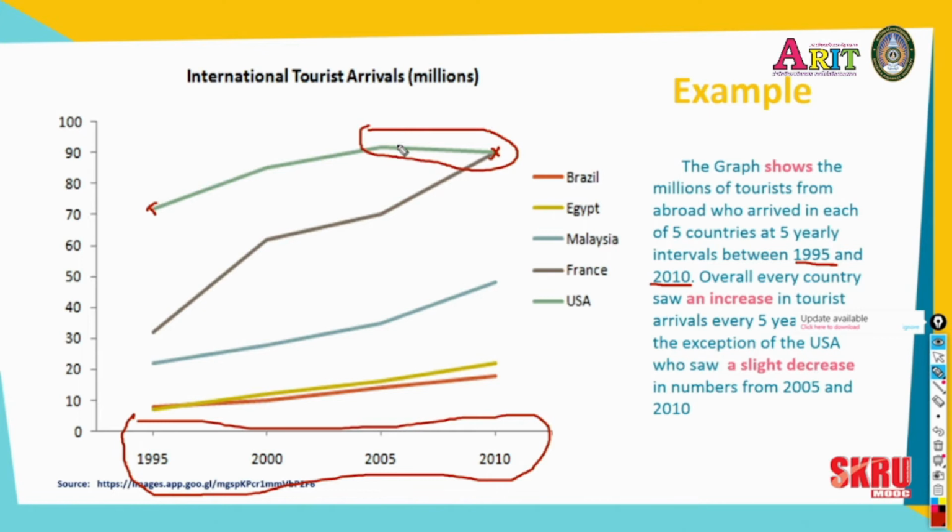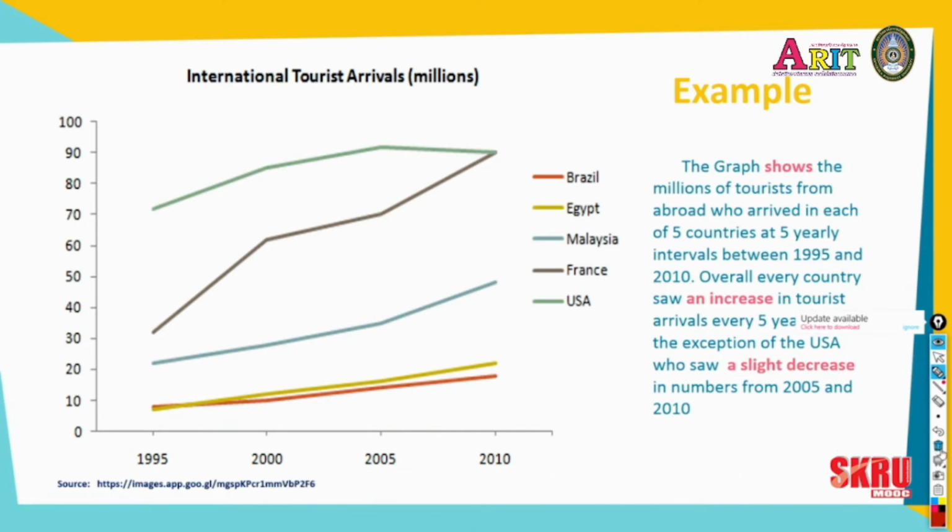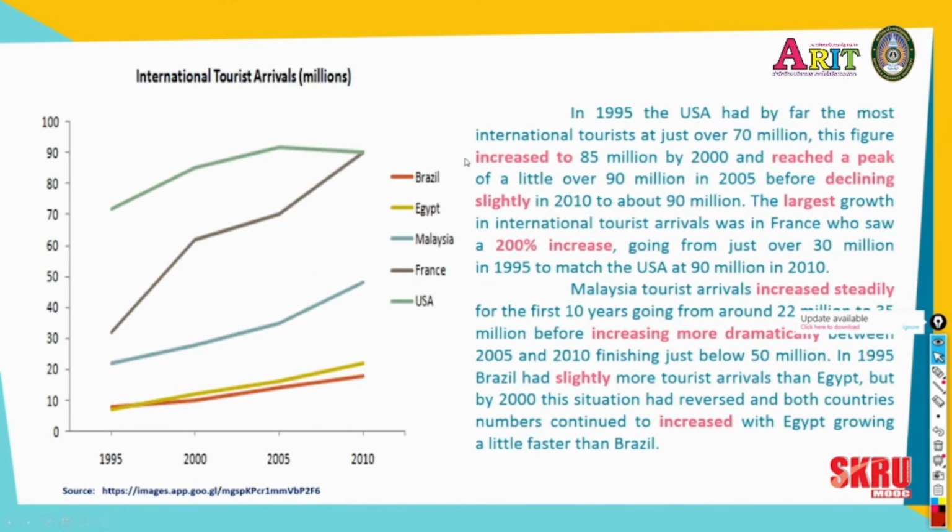A slight decrease, it's very slow in the numbers from 2005 and 2010. So that's an example of using some of that language to describe the data we see. We want to carry on and express the rest of the information.